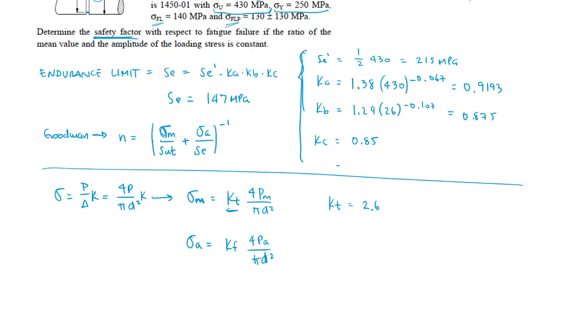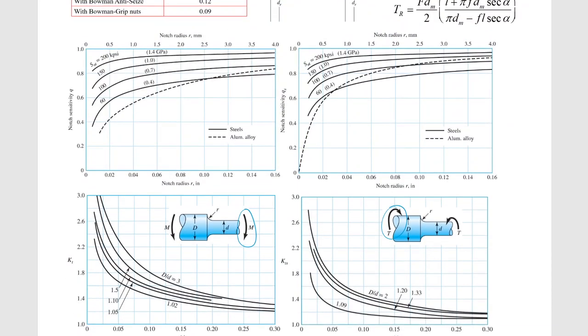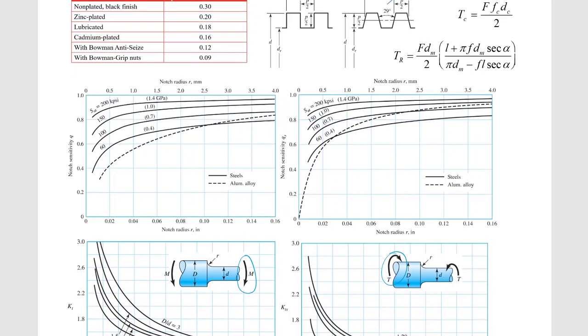Then I need to find a q sensitivity so that I can transform that into a KF. I'm still going to use the 2.6 because my mean stress is constant, so I need a KT, not a KF. But I still need the q to get a KF for the fatigue part, which is the alternating stress. So I go to the q diagram, not for KS because that's shearing, just the regular q, the normal one.